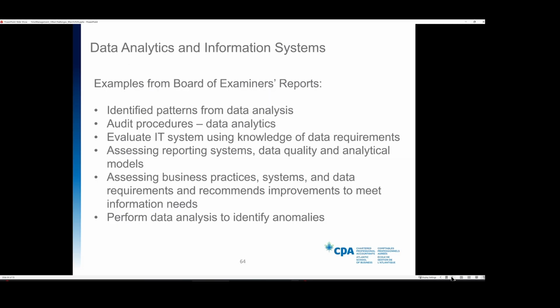So here are some examples of what the Board of Examiners has asked in past reports: that you needed to identify patterns from data analysis, provide audit procedures against data analytics, evaluate the systems, assess the reporting systems, the quality of the data, assess the business practices, and perform a data analysis to identify the anomalies.